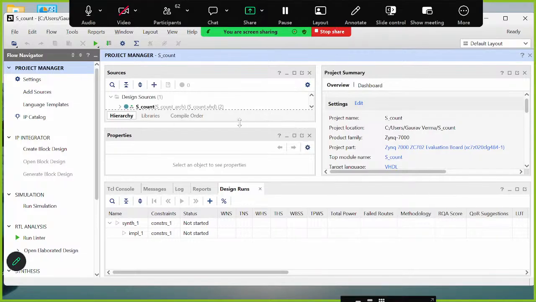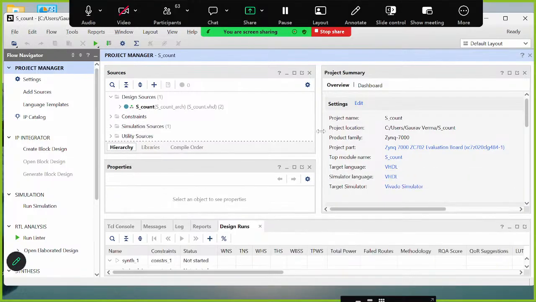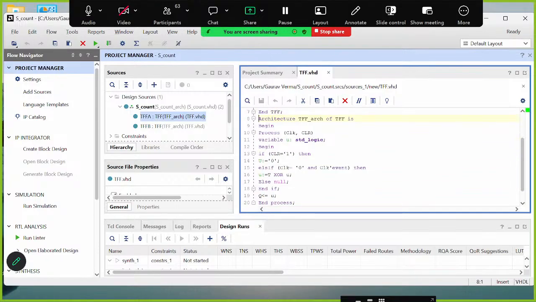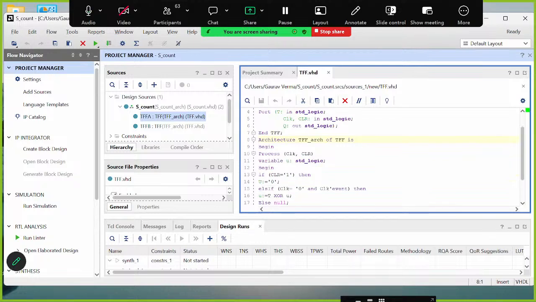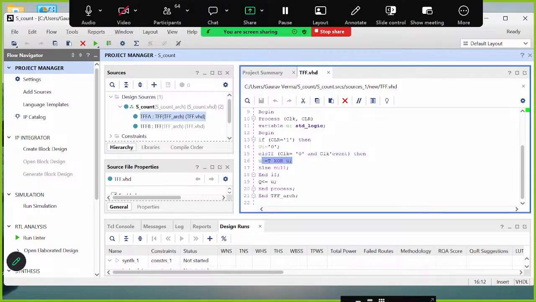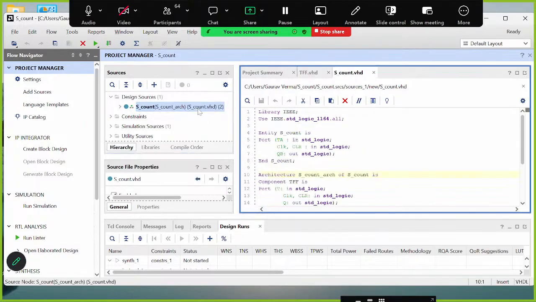If you remember, yesterday I created a project with the name S count and I created a T flip flop in it. In this, I have already done these changes. You can see right over here. I just need to simulate the final program and check whether it is perfectly working or not.